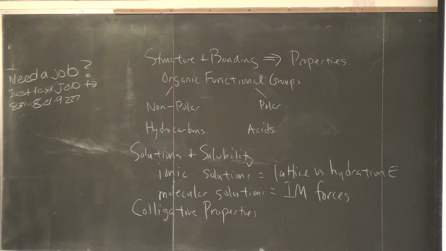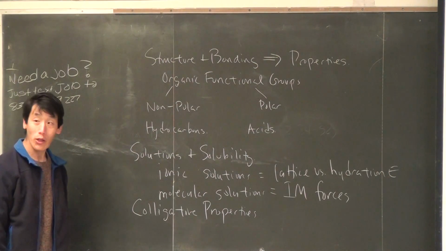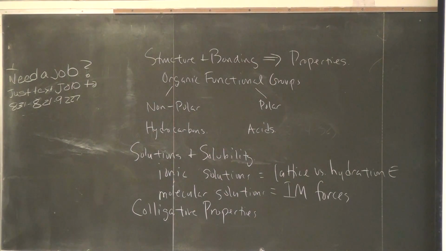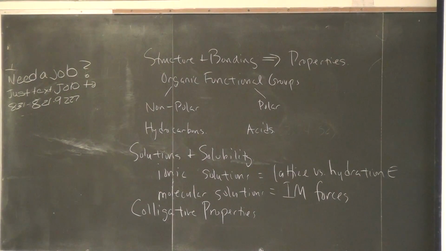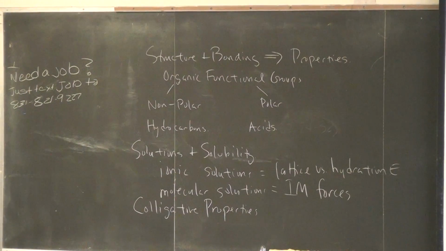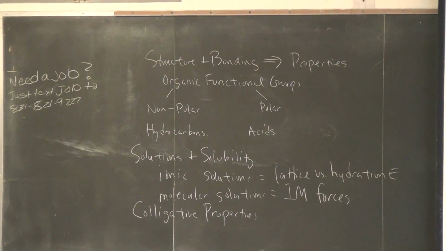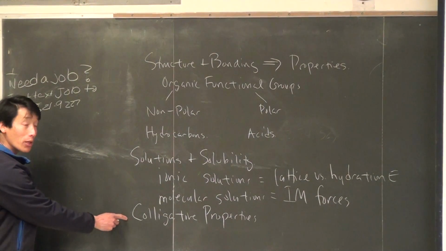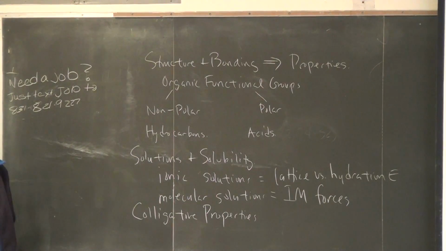With boiling point elevation and freezing point depression, that equation is delta T equals i times K times m. And then the other colligative properties we looked at are osmotic pressure and vapor pressure lowering. In other words, we can use these colligative properties to change the properties of a solution.